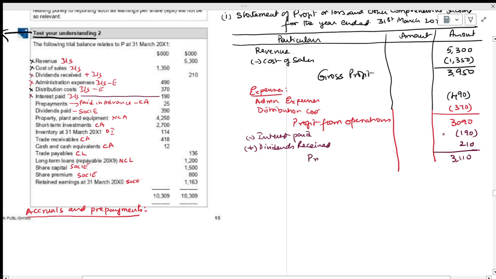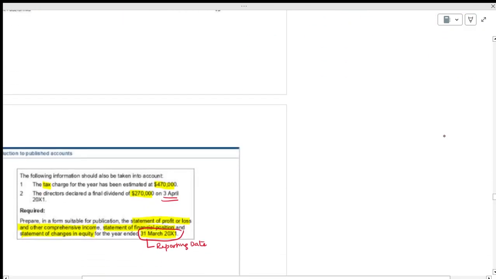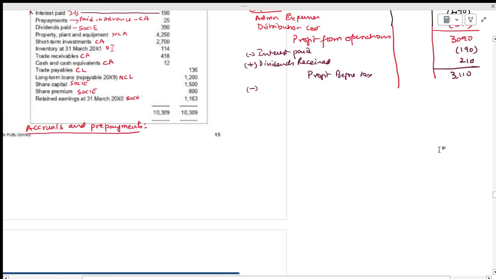This is called profit before tax. Minus tax. How much is the tax? They mentioned tax somewhere here. Note 1. Okay, how much is there? 470. Tax, note 1, 470.